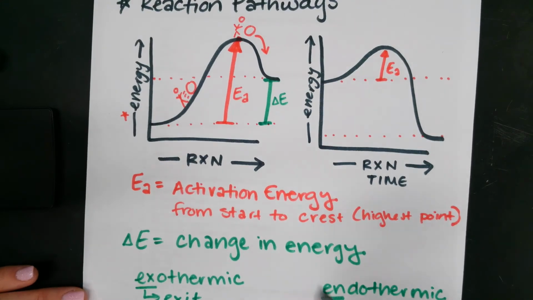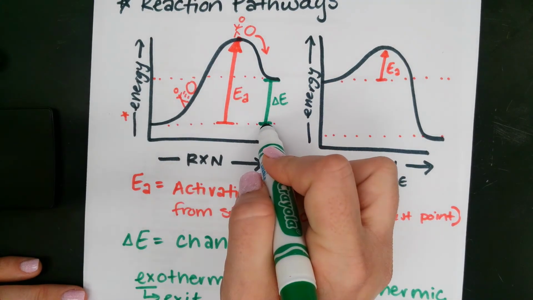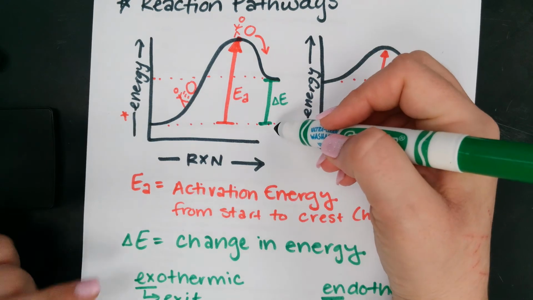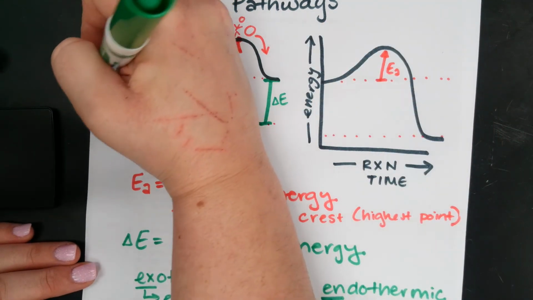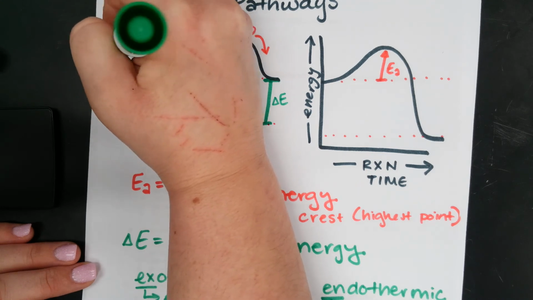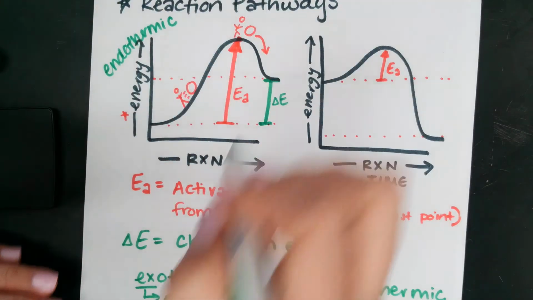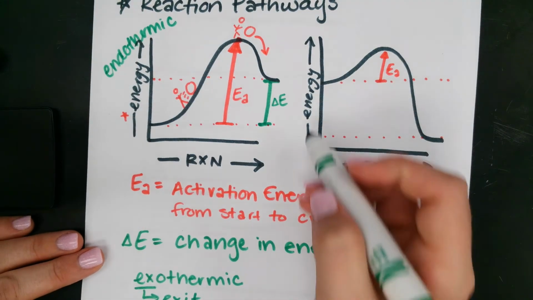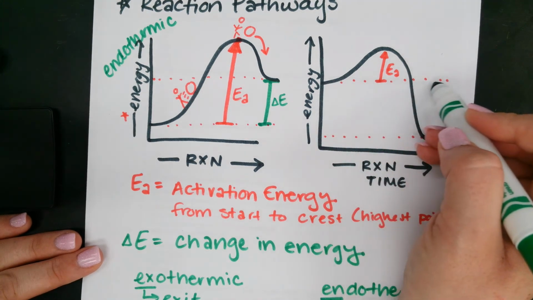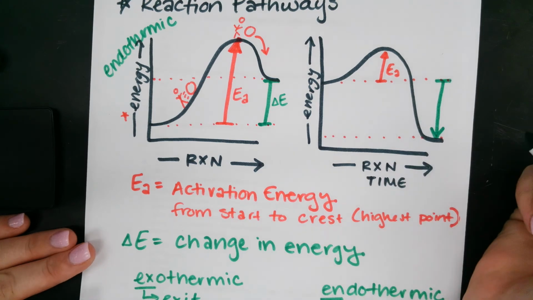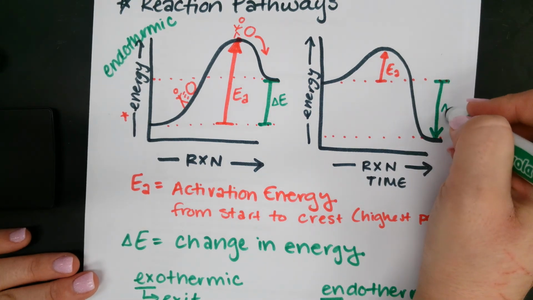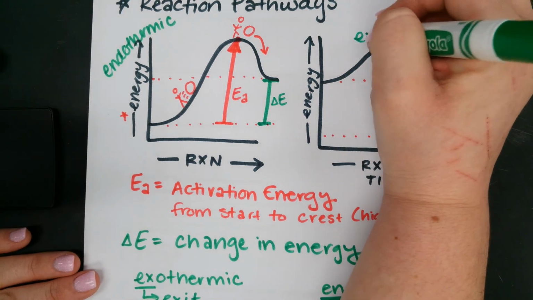For instance, here we see from start to finish, whatever this is gained energy. So it took that energy in, and this graph would be considered endothermic. While over here, we see the start here. We can follow that line over, and we see that it goes down, or we're losing a certain amount of energy. That energy is being released. Because of that, this graph is exothermic.